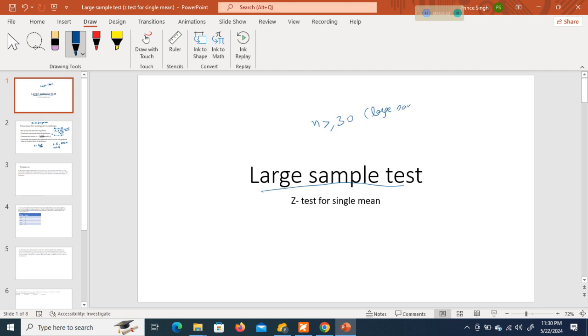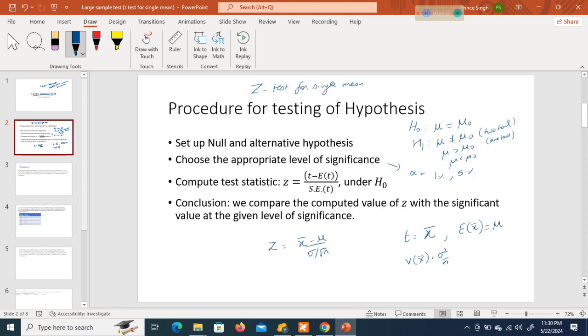Another thing is that in this case either the population standard deviation is given, sigma is known, or it is unknown. If sigma is known, then we can use the test statistic as this one, Z equal to x bar minus mu upon sigma upon square root of n.